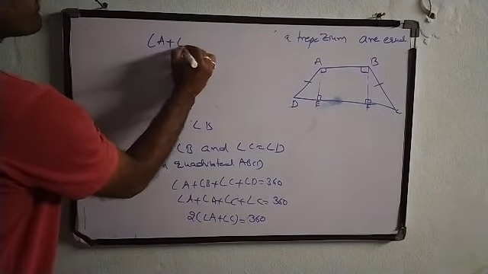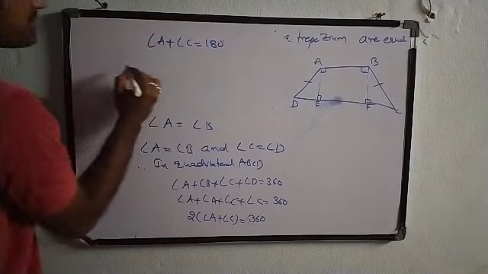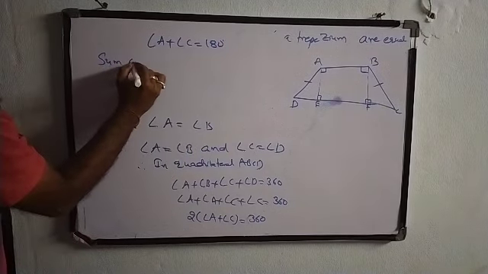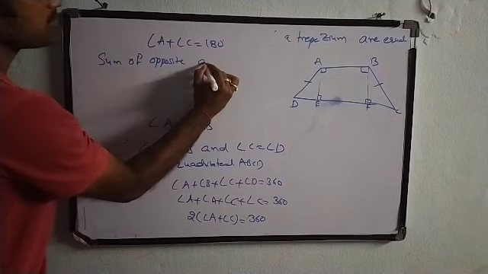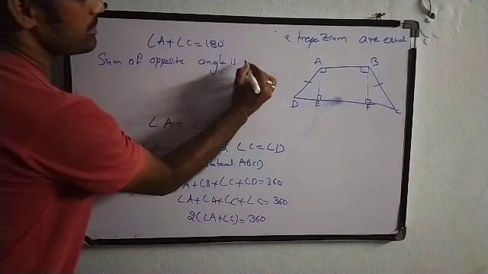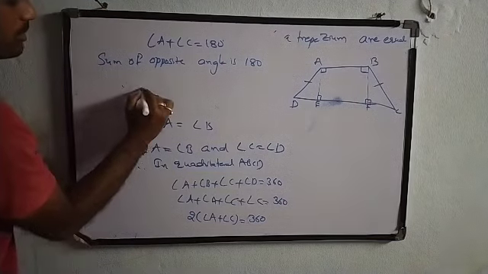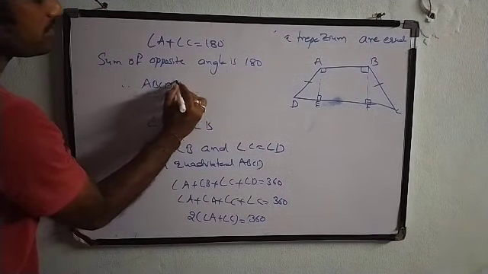So angle A plus angle C is equal to 180 degrees. So the sum of opposite angles is 180 degrees. Therefore, ABCD is cyclic.